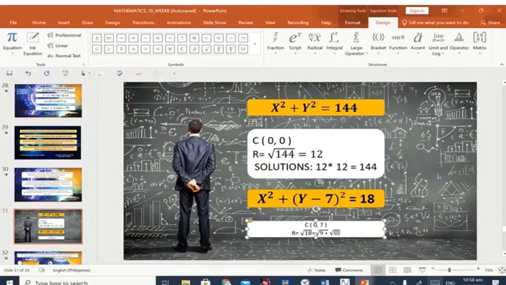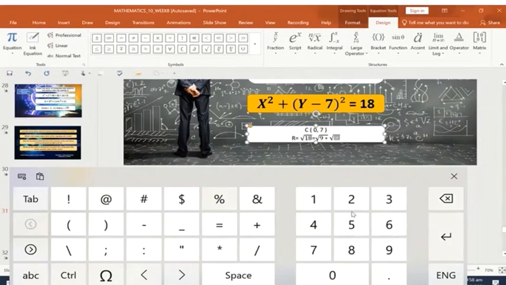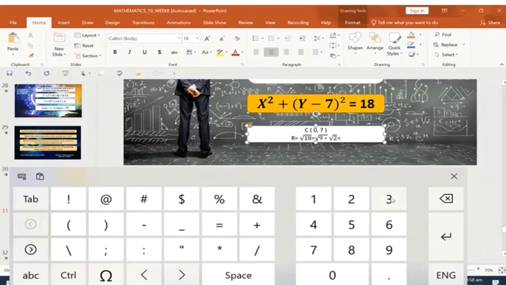But you can also simplify the square root of 9 since it's a perfect square. Alright, so the square root of 9 is equal to 3. And your square root of 2 will remain as the square root of 2.